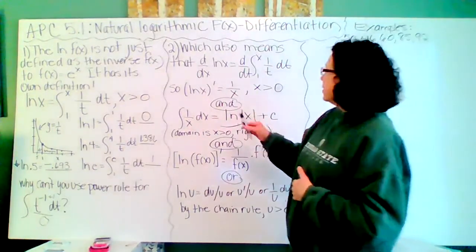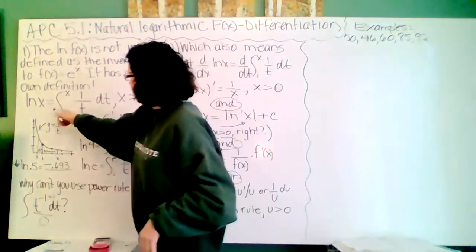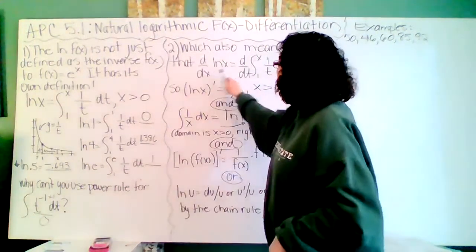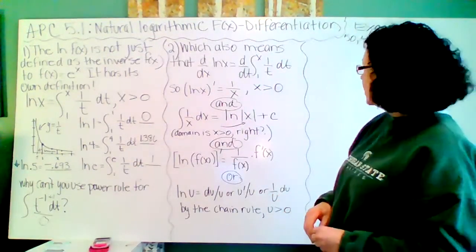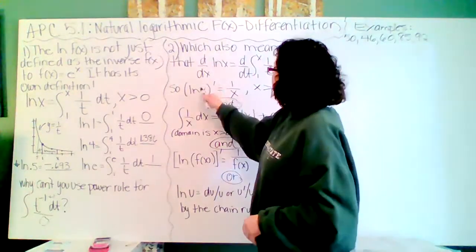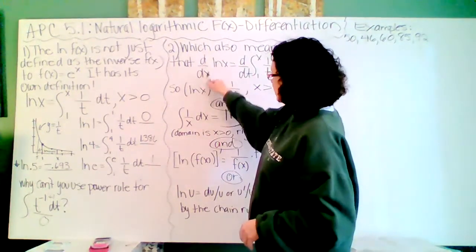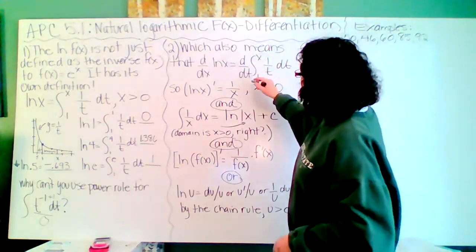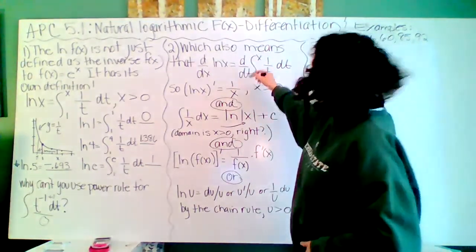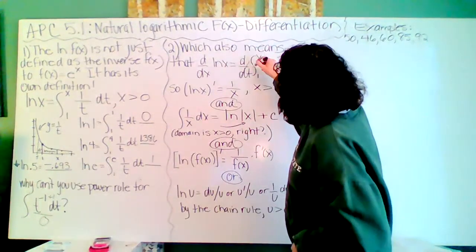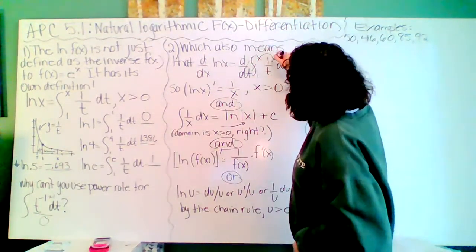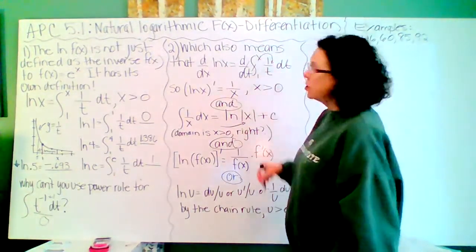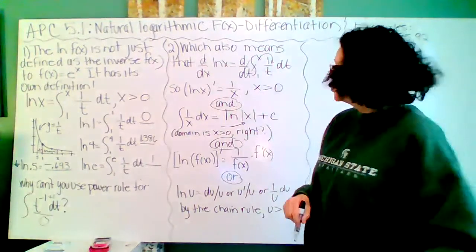It means that because the natural log of x is equal to the integral from 1 to x of 1 over t dt, if I take the derivative of both sides, and again, I wrote it differently here, the natural log of x would equal, take a look here, by FTC number 2, this derivative would cancel out this integral, and you would be left with the function evaluated at the upper limit, 1 over x times the derivative of x, which is 1.